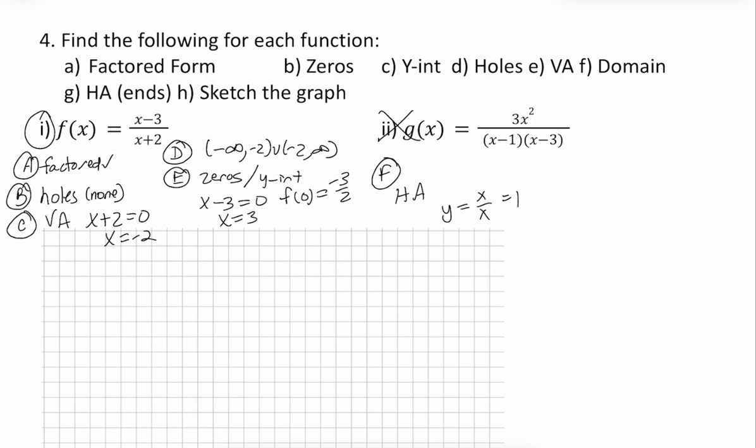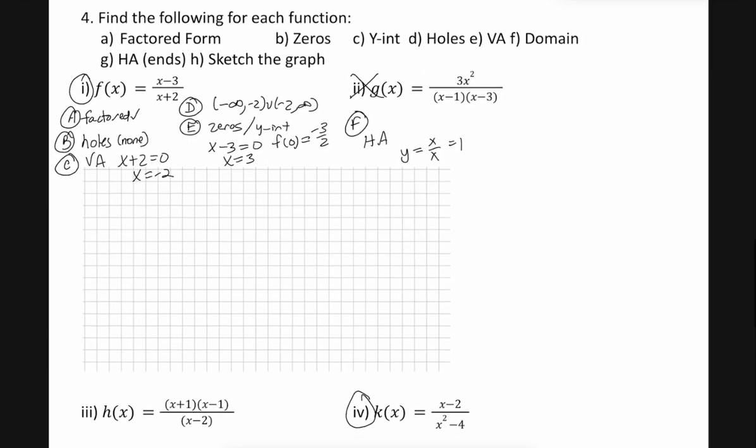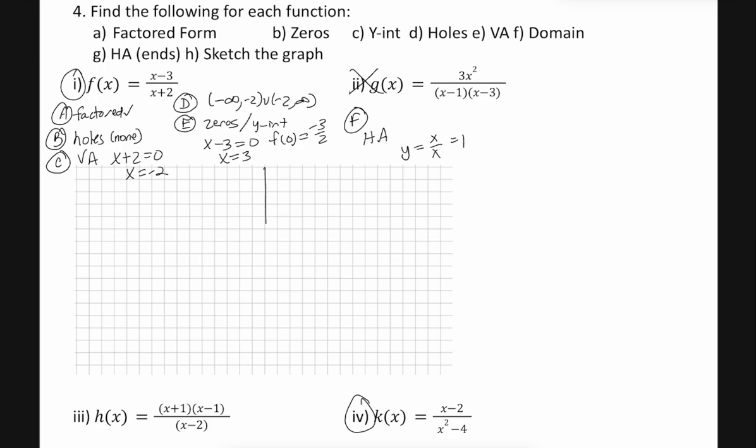So now let's put the pieces together. First thing we should always put on our graph paper are our vertical and horizontal asymptotes. There is a vertical asymptote at negative 2.